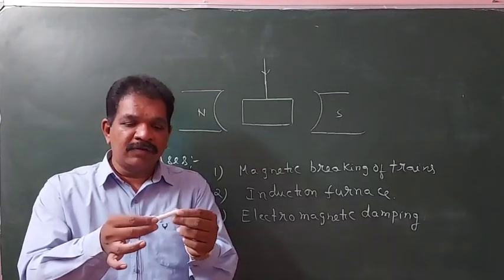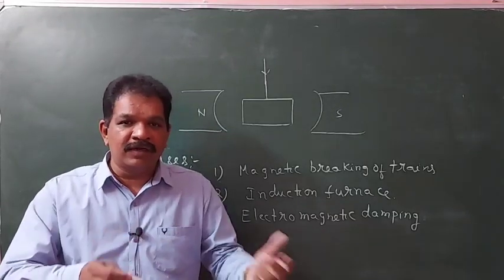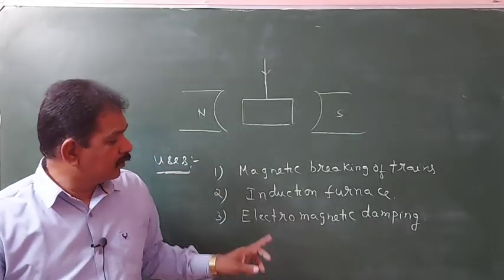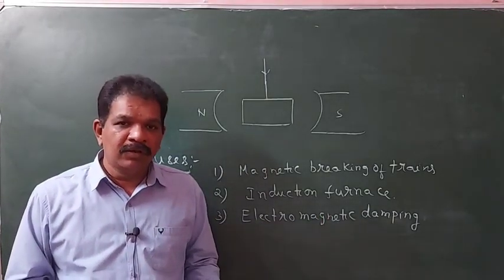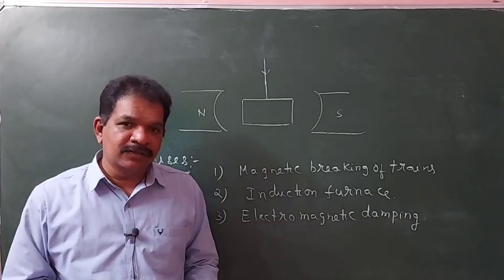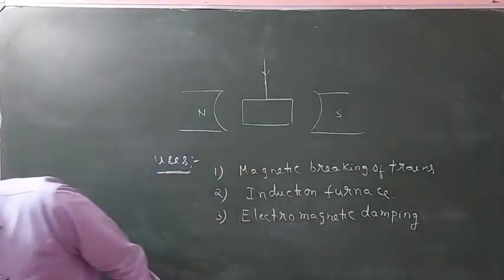Otherwise, it will oscillate for 1 or 2 minutes and then come to rest. So electromagnetic damping is useful to stop these oscillations. There also eddy currents will be helpful.